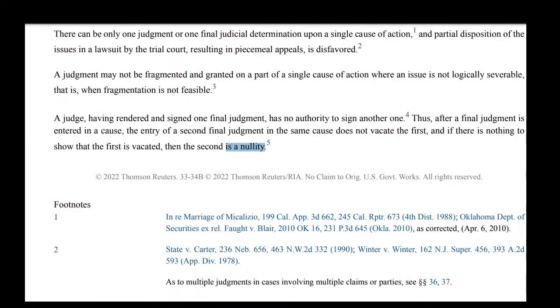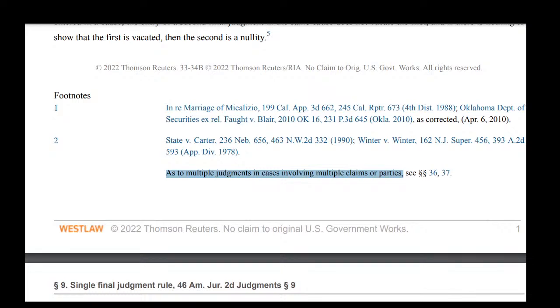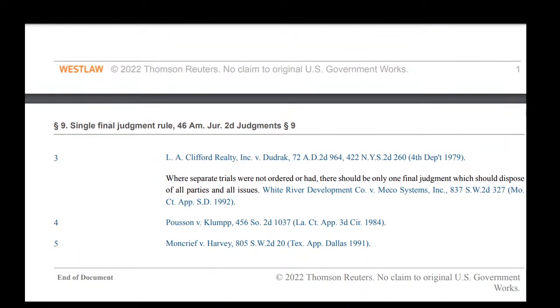Ooh, interesting there. As to multiple judgments in cases involving multiple claims or parties, see section 36. So, as you see, we're going down this rabbit hole. It gets more and more complex just when you thought it was simple enough.